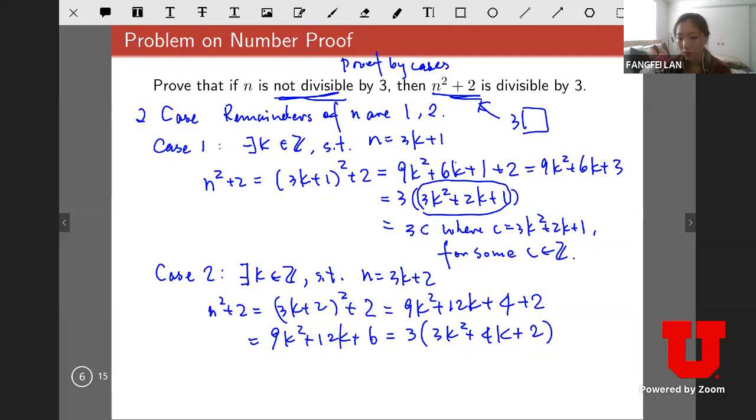Any questions? This should be simple enough. It's the same exact thing, right? By closure property of integers, we get this to be 3c again, where c is equal to this block right here. And by closure property, we know that c is an integer.